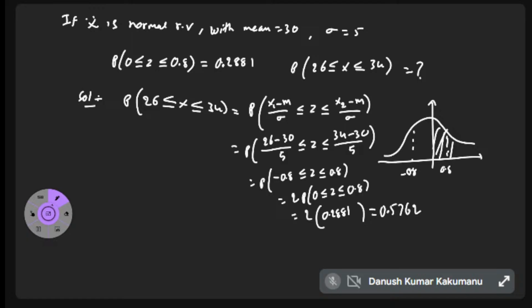Don't worry, they will give this area in the exam. In your exam paper, they will give this area. They don't supply any normal distribution tables in the GATE exam. They will give the area required for your question. Everyone understood? No confusion?